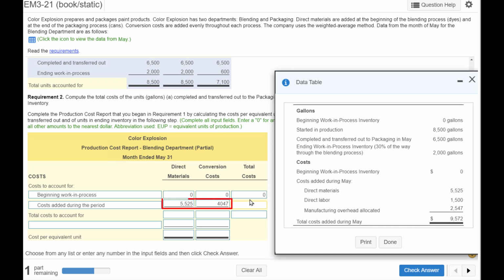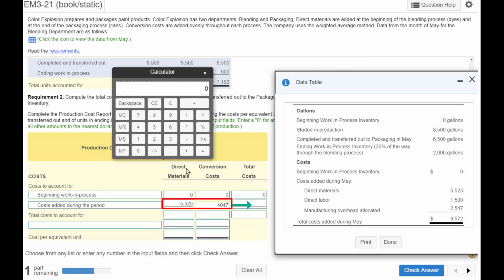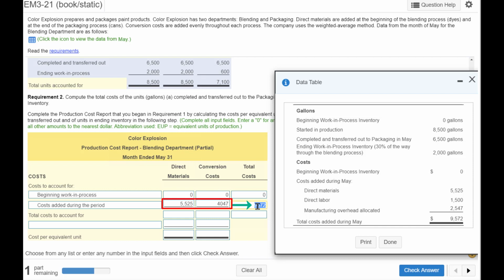And then the total cost, we're just going to take 5525 plus 4047, which gives us 9572. So these are the total costs to account for. Now, total costs accounted for.